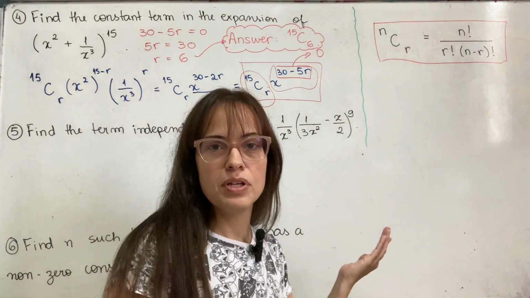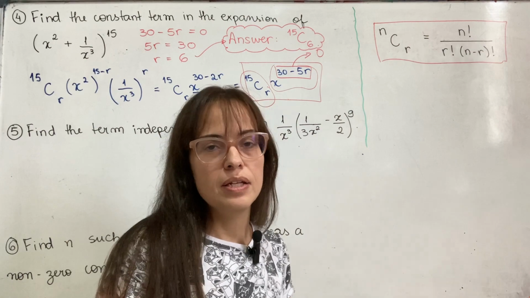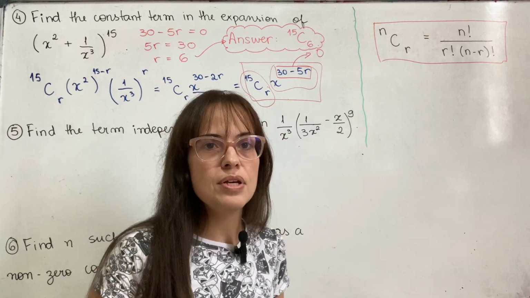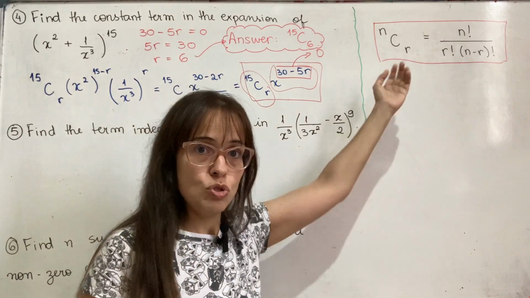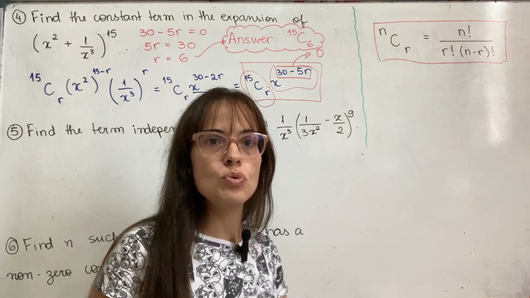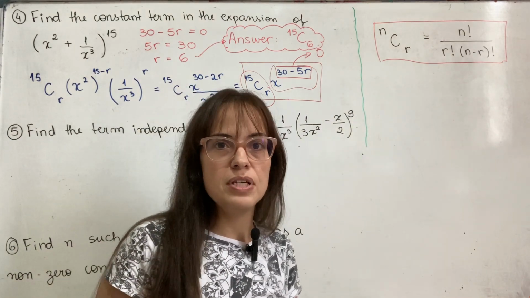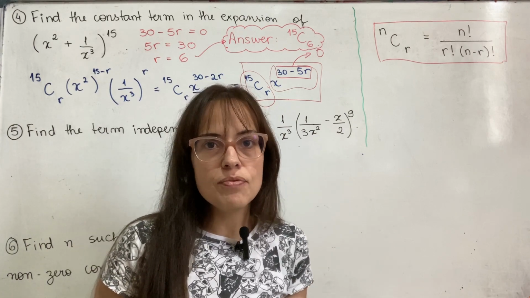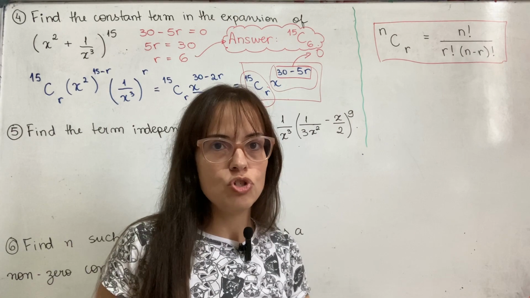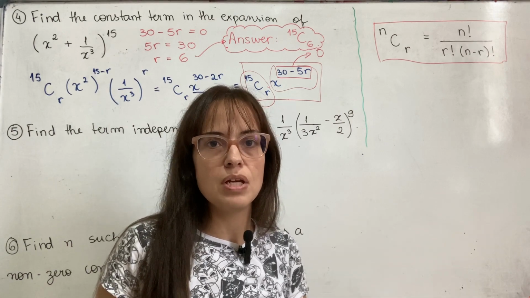I'm just going to plug in n equals 15 and r equals 6. I think that plugging 15 and 6 into a formula that is given to you, or plugging 15 and 6 into a calculator, is not different at all. Those are just two different versions of the same thing.